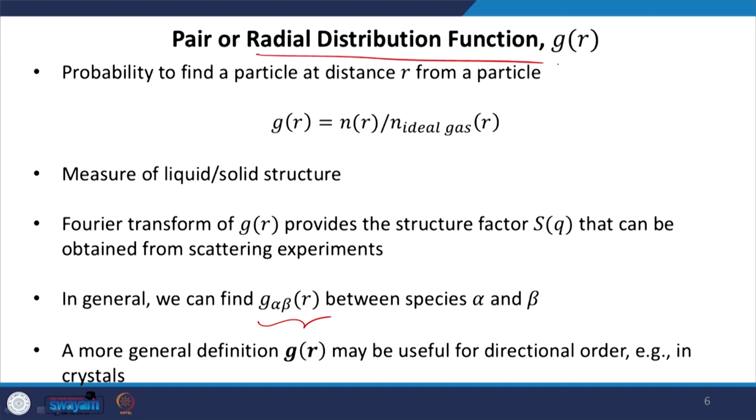In cases where we have some directional order, we can think of a vector analog of this equation. So, I replace the r with vector r, or G with a vector or tensor G, and that may also contain a directional order, but in most cases we only work with the radial distribution function, particularly in the case of liquid simulations.